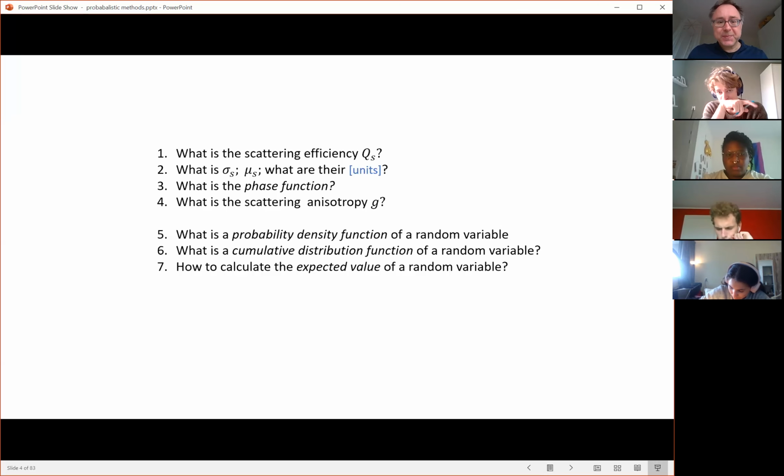Then can you give me a little bit of a formal definition of the phase function? All right. So the phase function is based on the redistribution function, and then specifically the real valued redistribution function, small s squared. Mm-hmm.